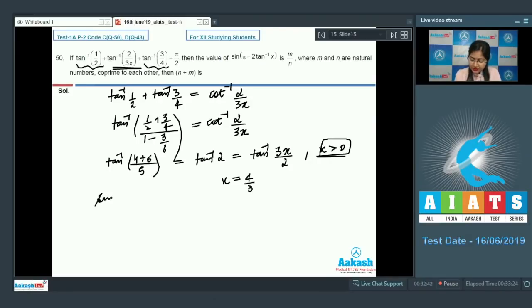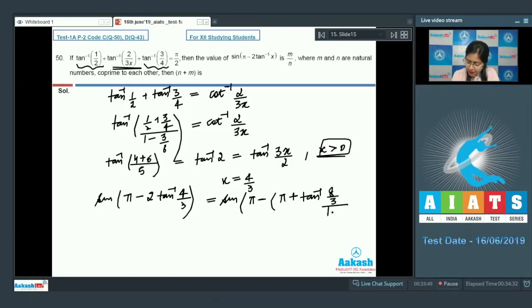Now let's find the value of sine of pi minus 2 times tan inverse 4 by 3. So this will be equal to sine of pi minus, see, 2 times tan inverse 4 by 3. That will be equal to pi plus tan inverse of (8 by 3) divided by (1 minus 16 by 9).